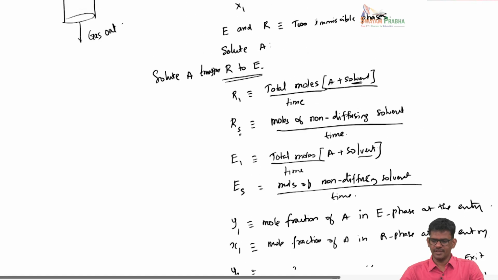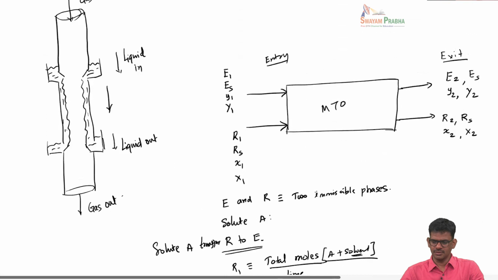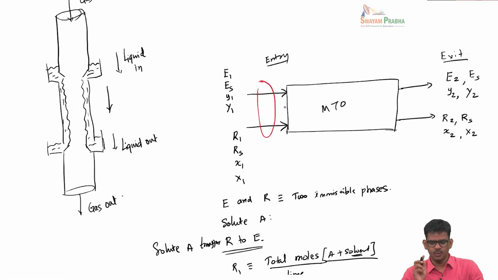So going back to this figure again, you can see that I am using a co-current flow. Both streams are entering, and each stream is defined with quantities like total molar flow rate, solvent molar flow rate and mole fraction.